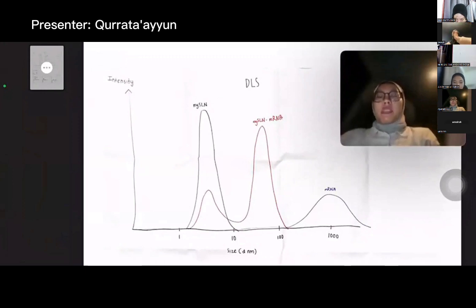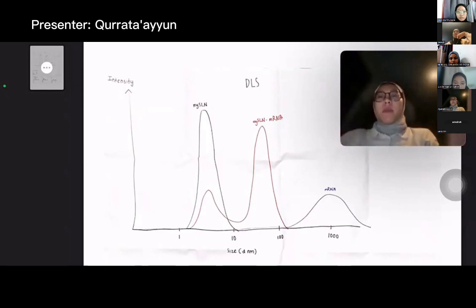So my SLN has the smallest size in diameter, because there's nothing in it, and once it encapsulates mRNA, there will be an increase in the size. However, the peak is not as high as the my SLN only.